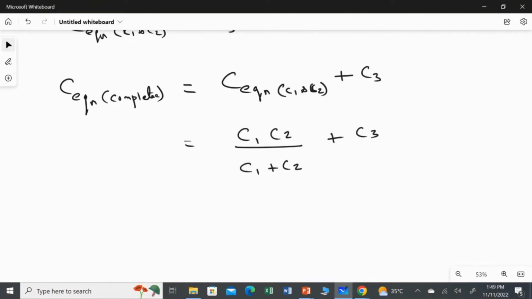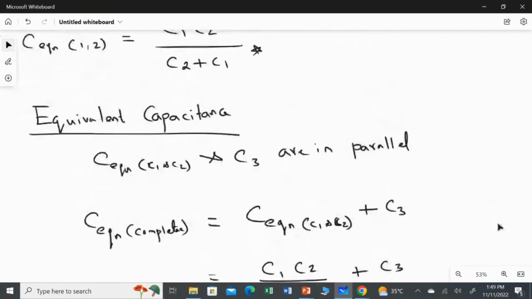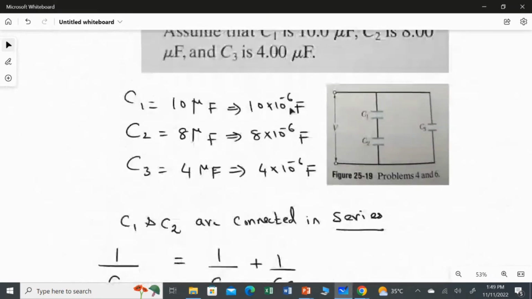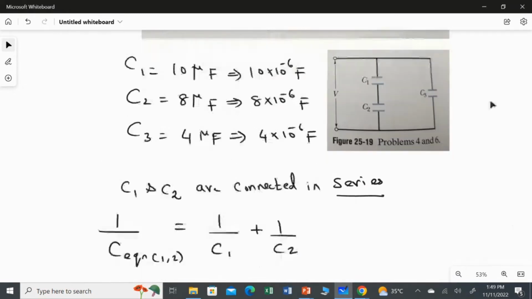Now we are going to substitute the values. What are the values we have in the question? C1, C2, C3, all three have different values. C1 is 10 microfarad, C2 is 8 microfarad, and C3 is 4 microfarad.